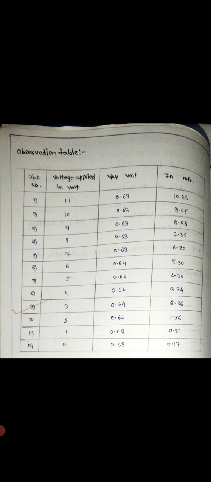It also blocks current flow from anode to cathode until it is triggered into conduction. The IV characteristics of the SCR can be divided into 3 regions of operation: first the reverse blocking mode, second the forward blocking mode, and third the forward conduction mode.